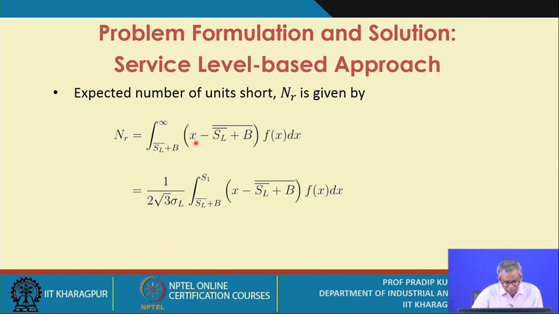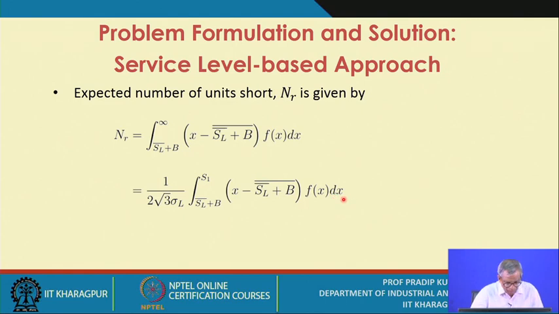So X is the random variable, X minus (SL bar plus B), and the corresponding probability density function is Fx dx. Now this Fx is 1 upon 2 root 3 sigma L. Already we have derived this expression. So integration from SL bar plus B to S1, that is the maximum value, of (X minus (SL bar plus B)) Fx dx.